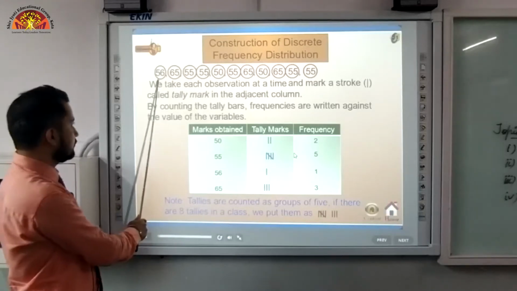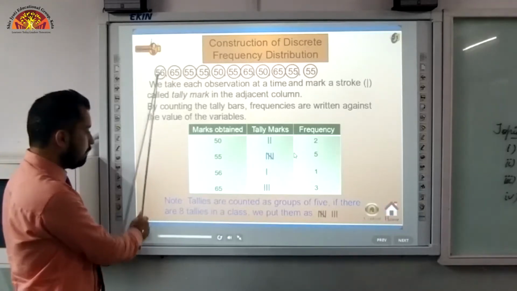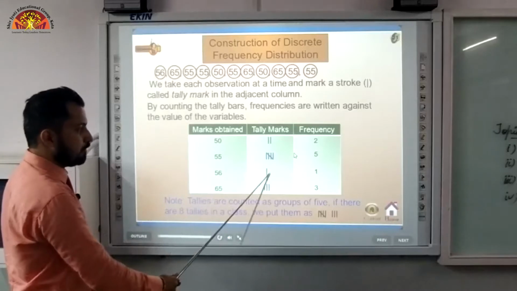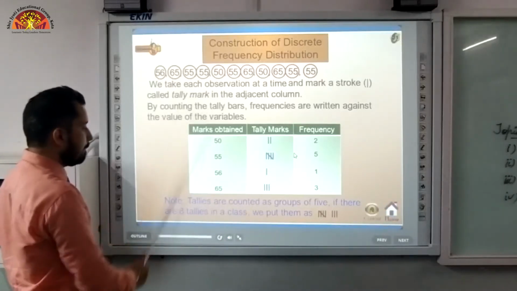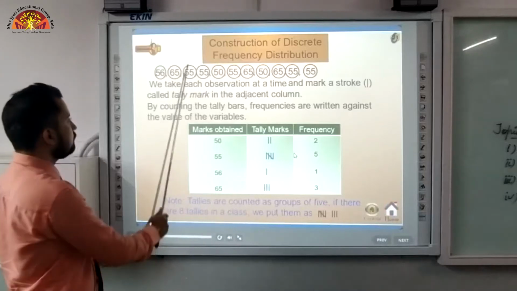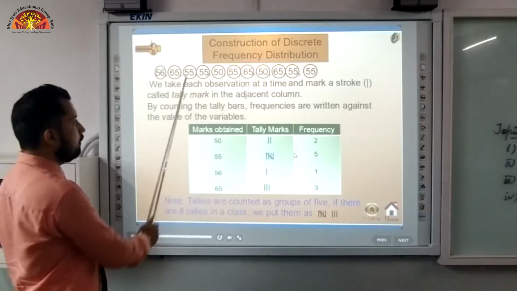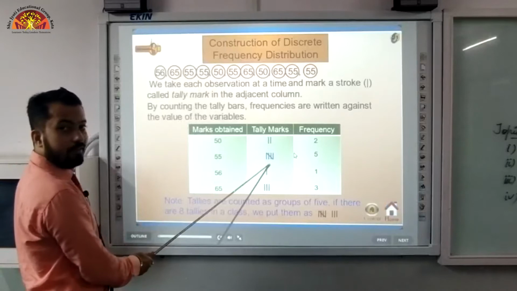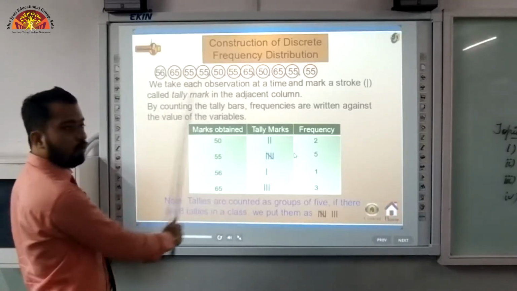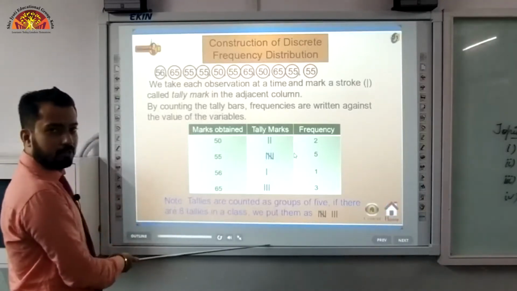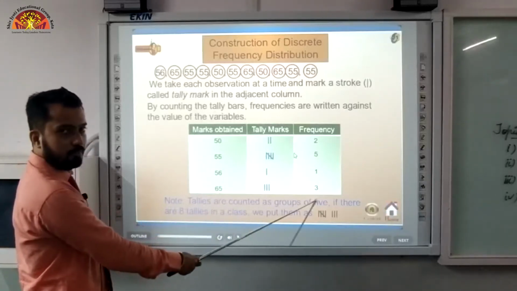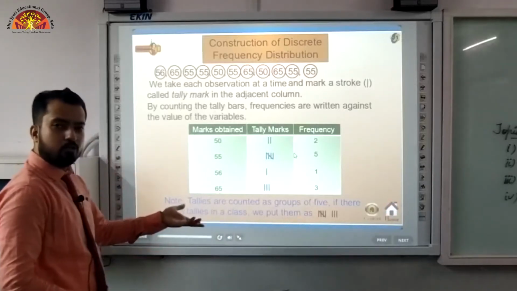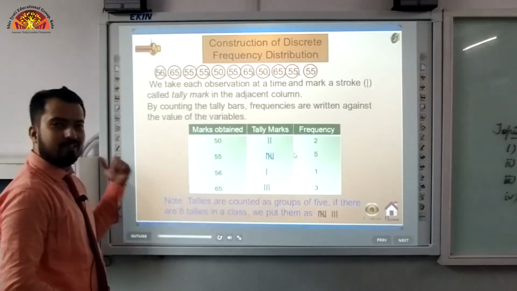This is 56, it is at one time, so in front of 56 you can mention one tally mark. Next is 65, mention one mark. 55, 1, again 55 is here, again 1. In such a way you can complete all the data here in tally bars. After all, you can count these tally bars and mention the frequency here. This converts the data into the discrete series, and it is now very simple to use.